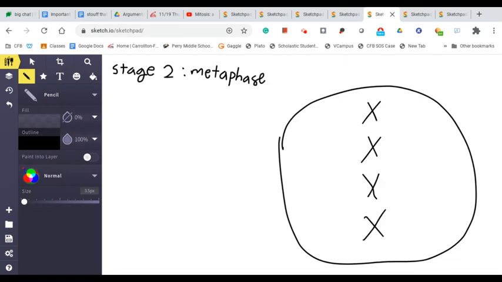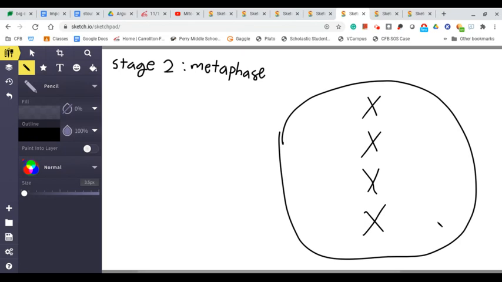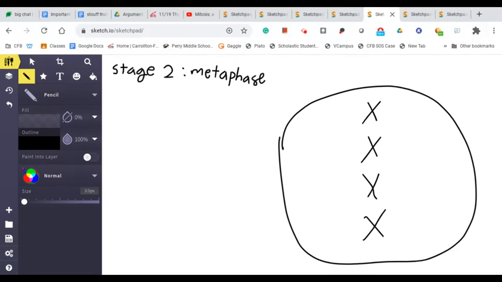I'm going to give you some time just to look at that form for a second. Okay, so the nucleus is gone and they're all in the middle.